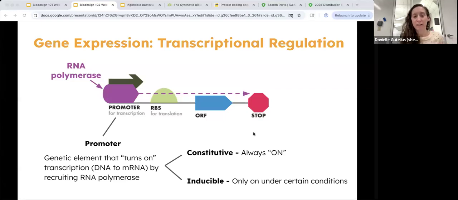Or you can have an inducible promoter, which means that transcription can only occur under certain conditions, usually only if a certain molecule or signal is present. We got a question about how do you make the promoter stronger or weaker? It has to do with the consensus sequence for the promoter or whatever sequence you're using.